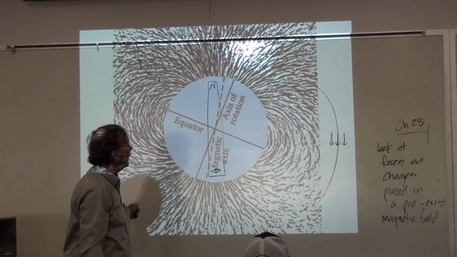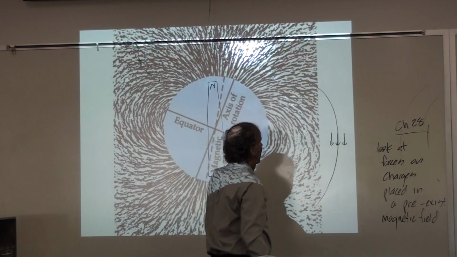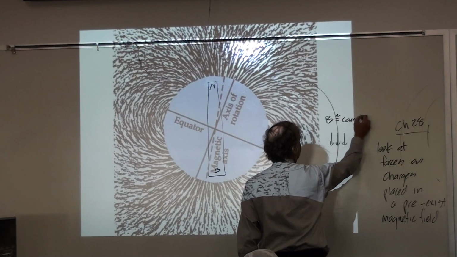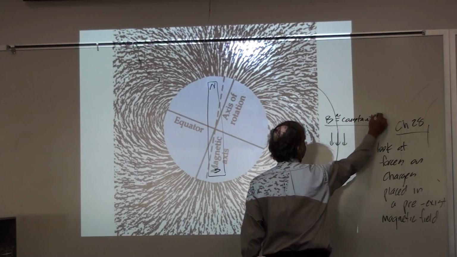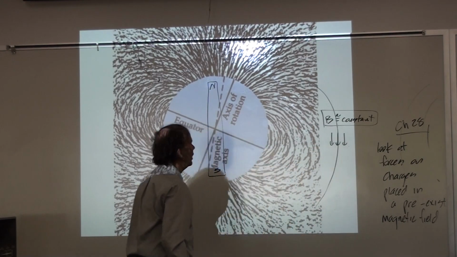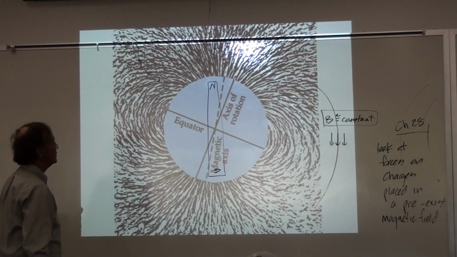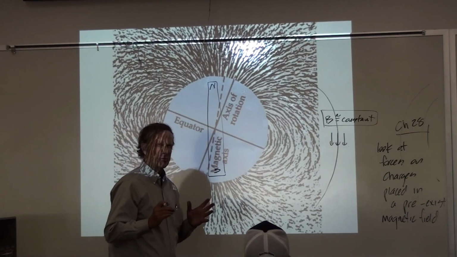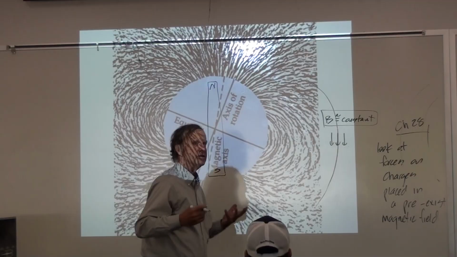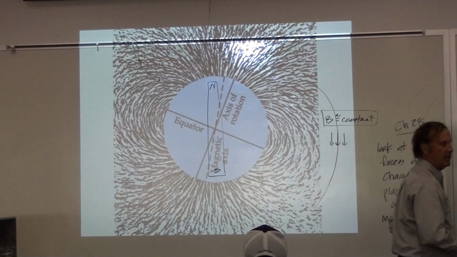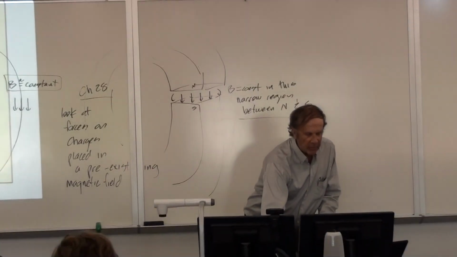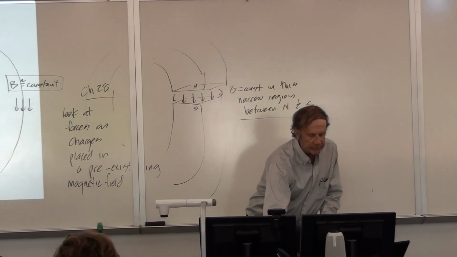So you could say far away from the Earth, the magnetic field could be thought of as approximately equal to a constant value, but just over small regions that, say, are away from this more global magnetic field pattern. And so those would be the kinds of problems we'll be looking at to begin with, just so we can get used to the whole idea of how to work with magnetic forces in general. And then we'll get more specific as we go.